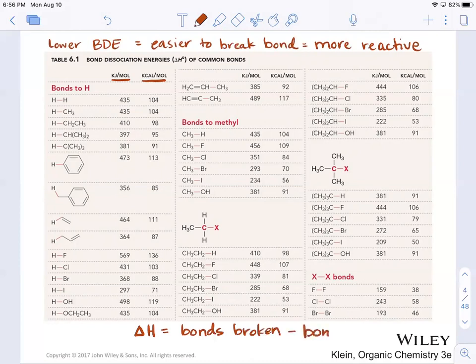So we can utilize these to estimate what the delta H is for a reaction by noting in an overall reaction, reactants and products, what bonds are breaking, what bonds are forming, and then do the subtraction.